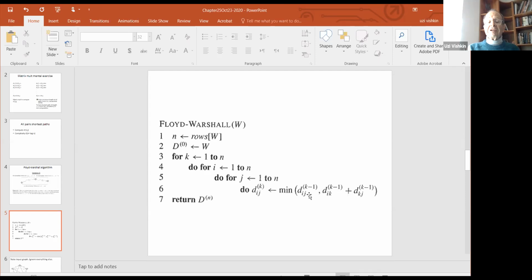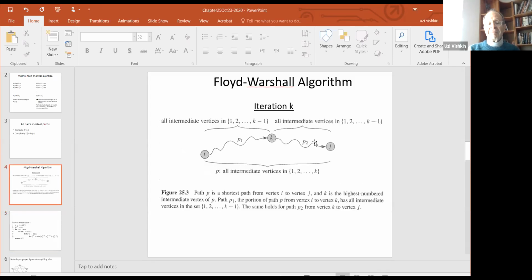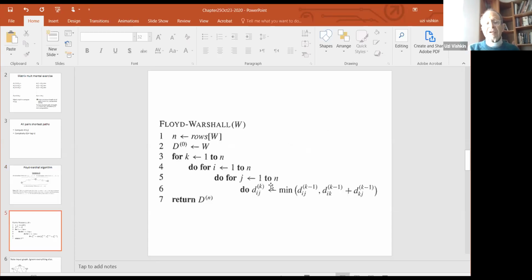I take the minimum between the two, meaning I either stop at k or I don't stop at k, which is exactly what I described here, right? I either go directly, or I stop at k and then add the path from i to k and from k to j. So this is the whole algorithm.